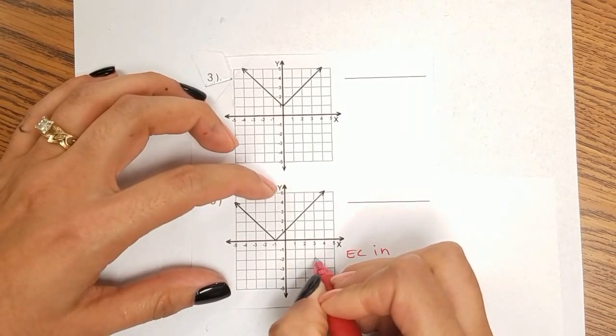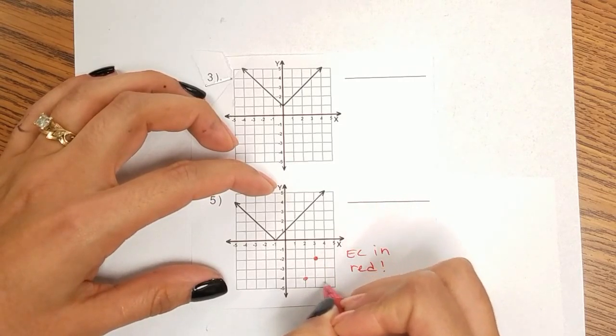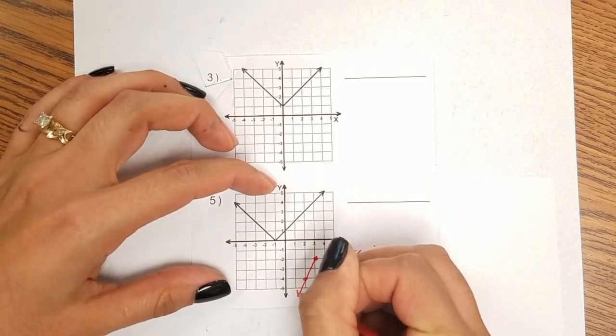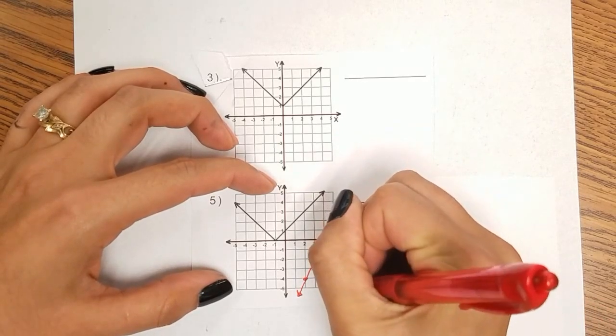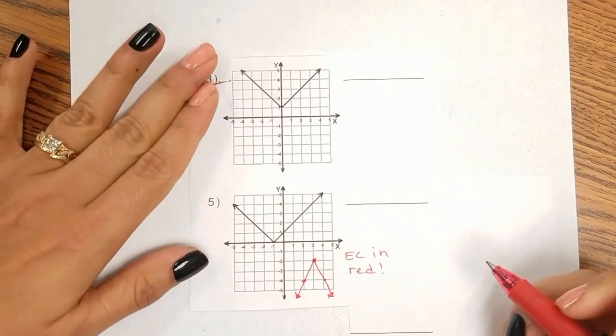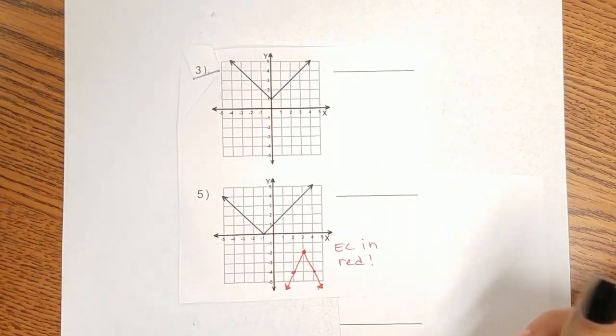All right, so there's 3 problems for you, one for extra credit to turn in for tomorrow. If you have any questions, let me know, shoot me a remind, or I'll see you tomorrow in class.